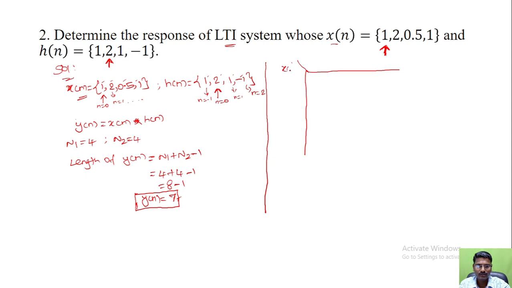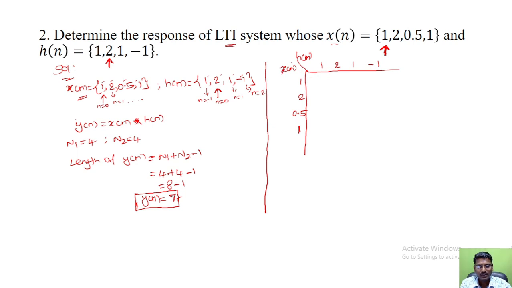So in the column, or vertically, I will write x of n, and in the row, I will write the h of n values. The value of h of n is 1, 2, 1, minus 1, and the value of x of n is 1, 2, 0.5, finally 1, right?